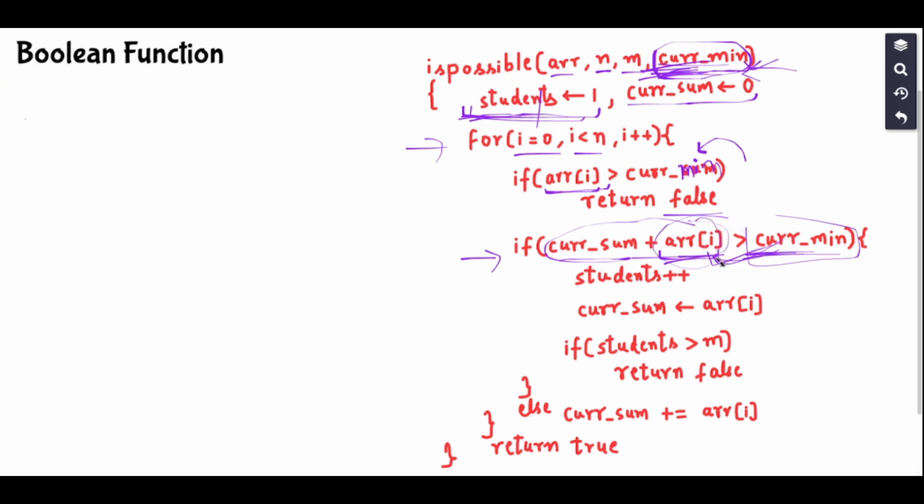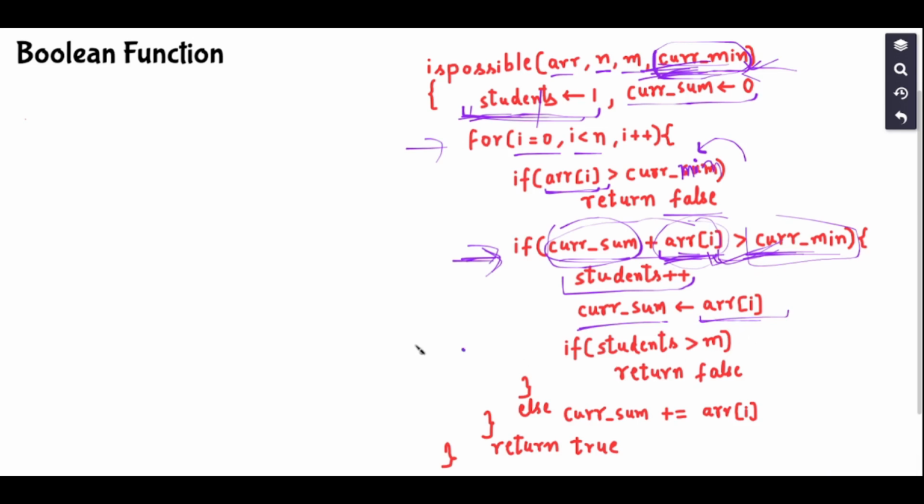We have to allocate these pages to the next student. So we increment the number of students by 1 and the current sum is reinitialized to array of i, because for the current sum that we previously had, we have already allocated the pages and we can't allocate more. We just have to allocate the pages in the order they are given in the array. That's why I am reinitializing this current sum to the current value on which we are standing.